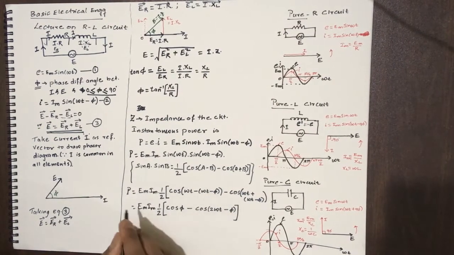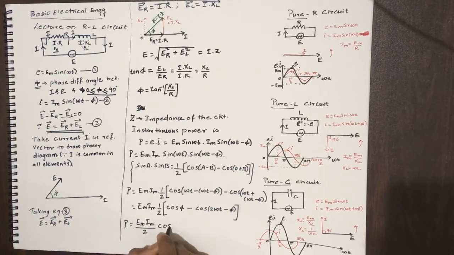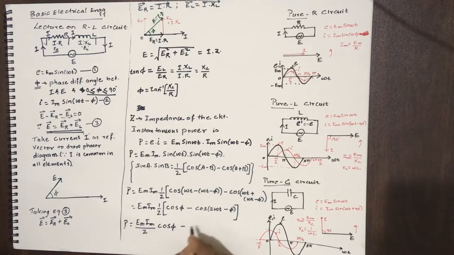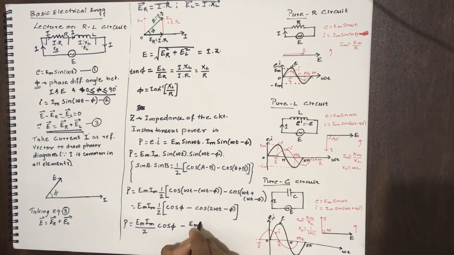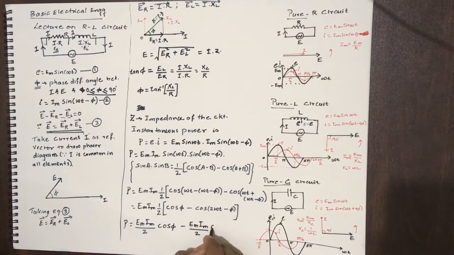Expanding or opening the brackets, P is equal to Em Im over 2 cos phi minus Em Im over 2 cos of 2 omega t minus phi.